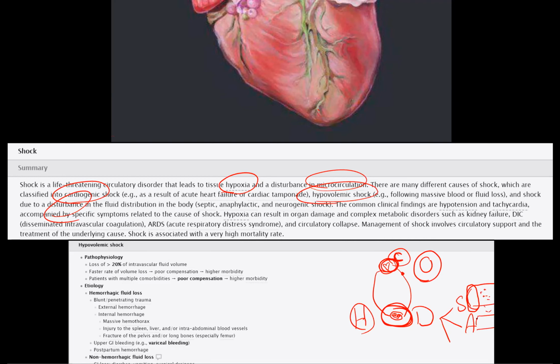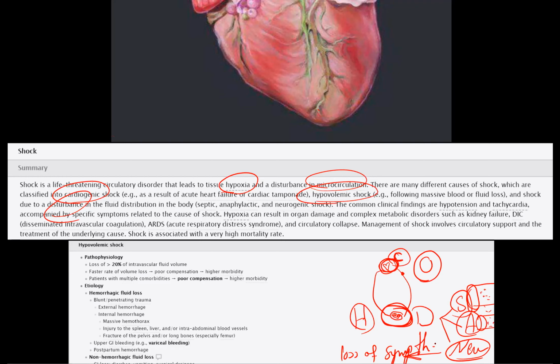So here the problem is vasodilatation of the blood vessel. This is septic shock, this is anaphylactic shock, and this is neurogenic shock. Spinal cord injury leads to loss of sympathetic tone. Loss of sympathetic tone, this is very important.